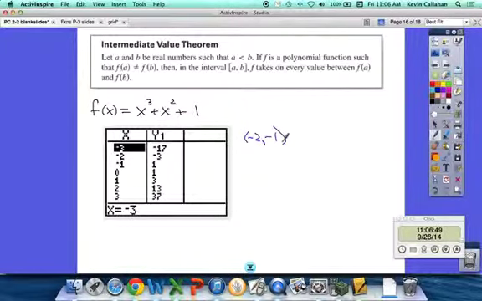Right? And I could use round parentheses because it's clearly not at -2 and -1, or else we would have seen it. That's the kind of answer you give for an intermediate value. They want to find the 1 unit interval, -2 to -1, or whatever it is, where you think there's a 0.